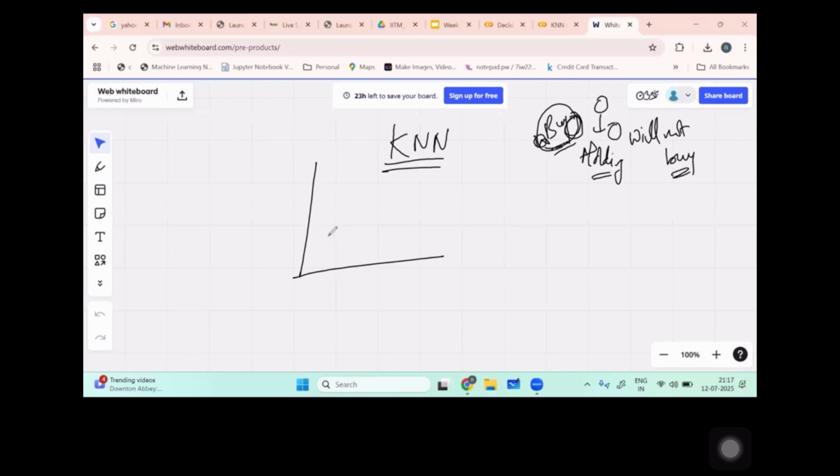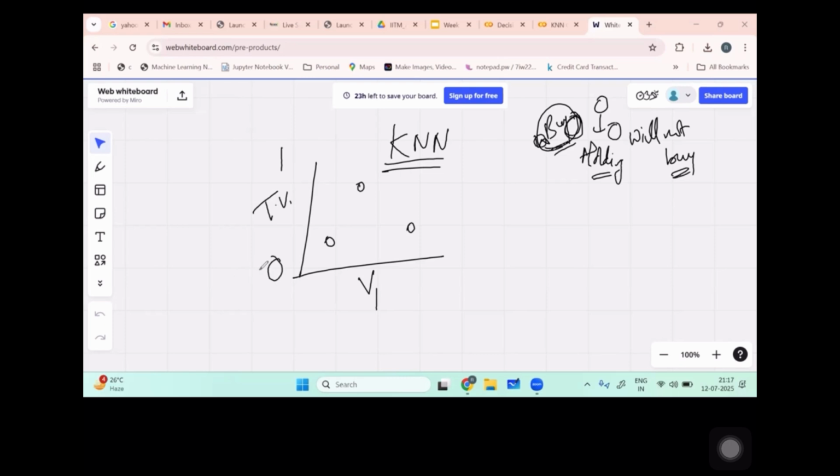So let's say there are three different types of observations. Okay. So let's say this is variable one, and this is the target variable. Target variable is classified as, let's say we want to classify these objects, whether the particular person is having a cancer or not having a cancer.